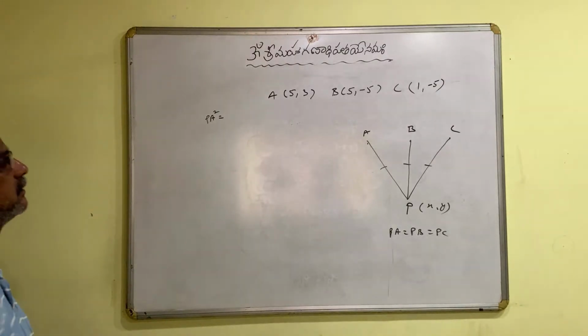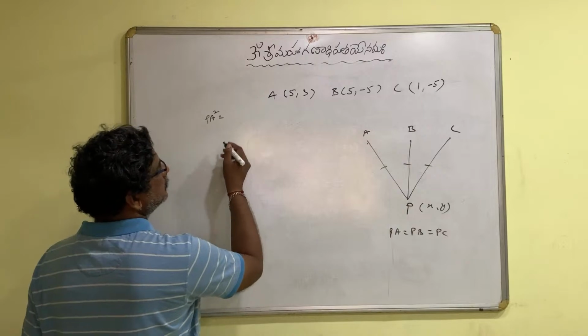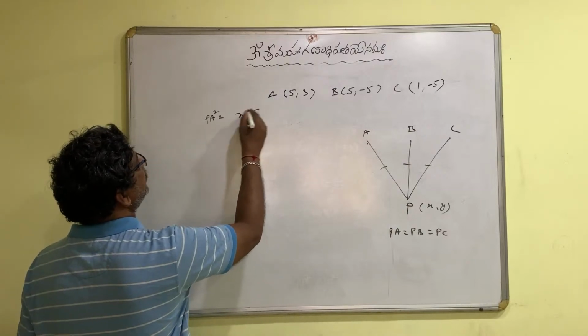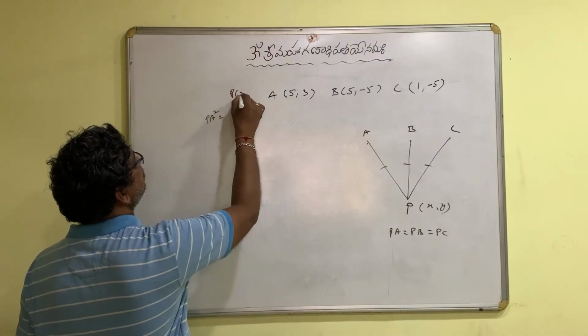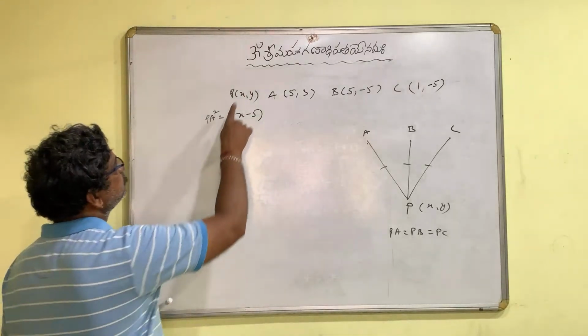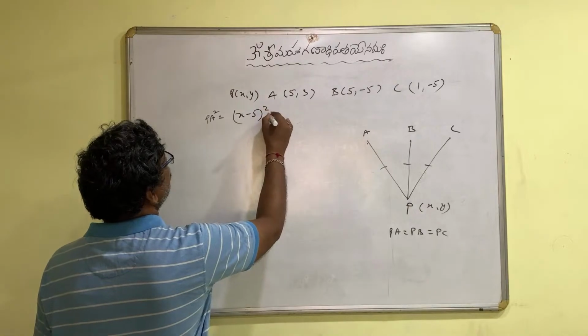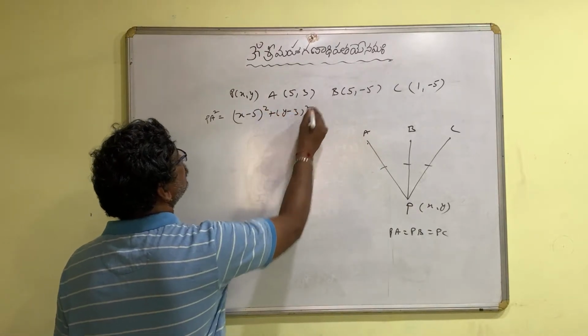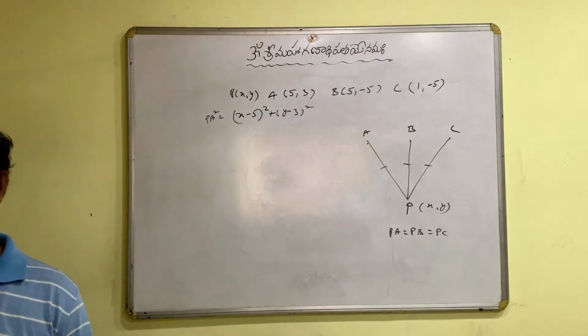PA square is x minus 5 whole square. P is x comma y. So x minus 5 whole square plus y minus 3 whole square. This is the distance between PA.